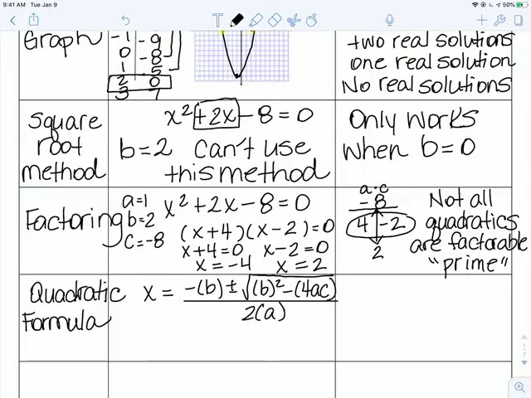So in this particular problem, and I'm coming back up here and looking at where I identified A, B, and C, use your parentheses. It's really important to use those parentheses when you're plugging this into your calculator.